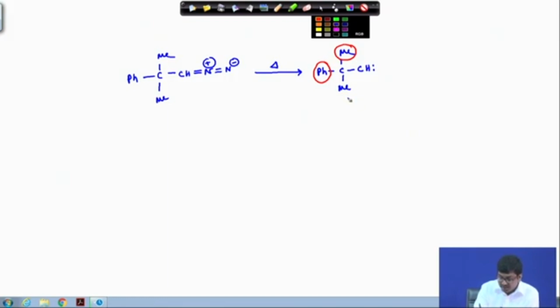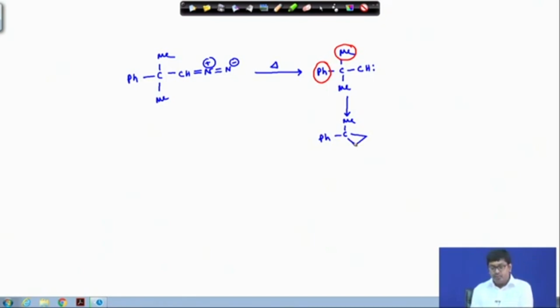What has actually been found is that this product is formed in 41%, that is the cyclopropanation one where this insertion happened, whereas the other two products are formed by rearrangement, that is the coming of this group or this group, whatever it may be.